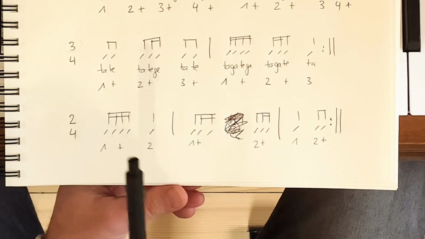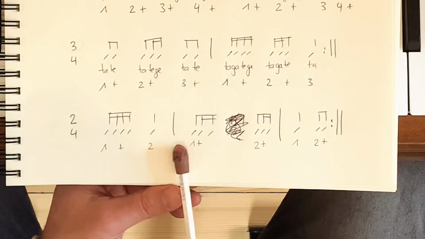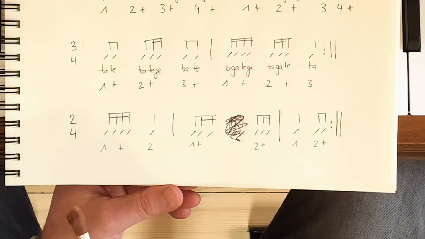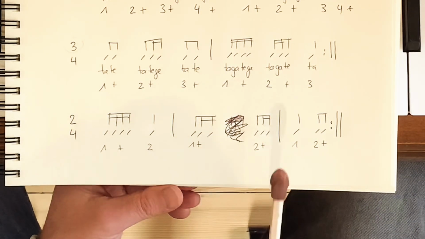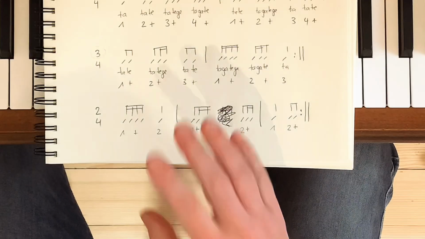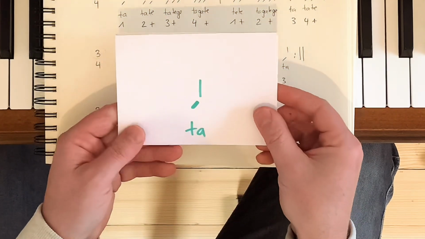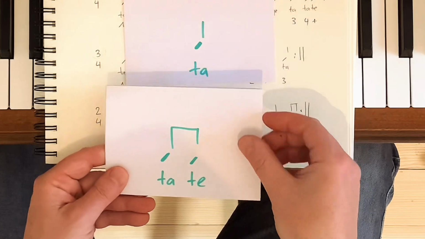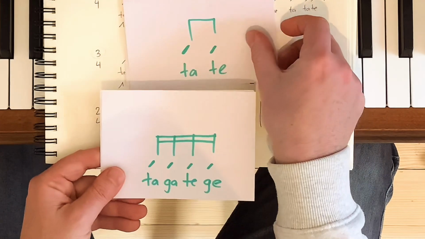So we have tagatege, ta, ta-tege, ta-tege, ta, ta-te. Or 1 and 2, 1 and 2 and 1, 2 and. And with these 5 patterns, the ta, that becomes the tate, and then we divide the ta and the te into 2 16th notes.